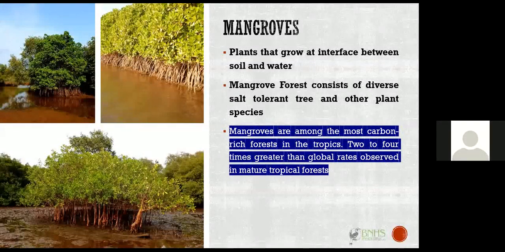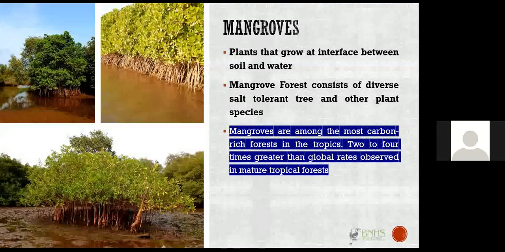So why are these mangroves so special? Besides protecting the shore, they also sequester carbon 2 to 4 times faster than even a mature tropical forest can. So that's why these mangroves are more important, besides their additional ecosystem services.